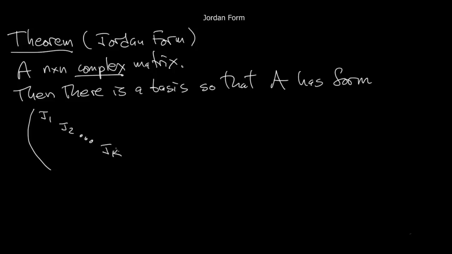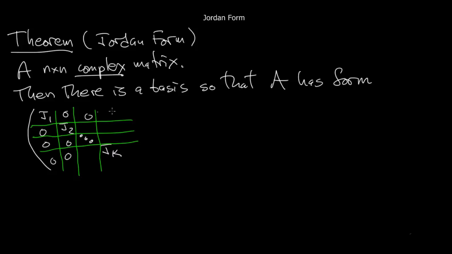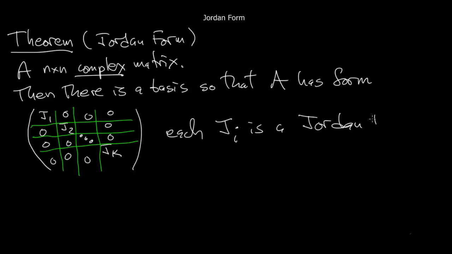It's going to have k Jordan blocks down the diagonal. So each one of these is a Jordan block, and everything else is a 0. So each J_i is a Jordan block matrix.